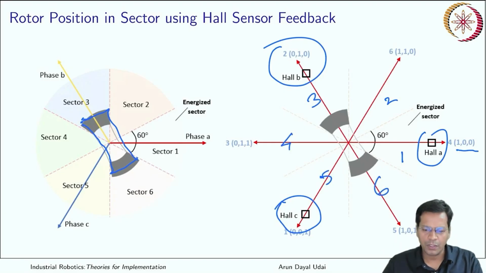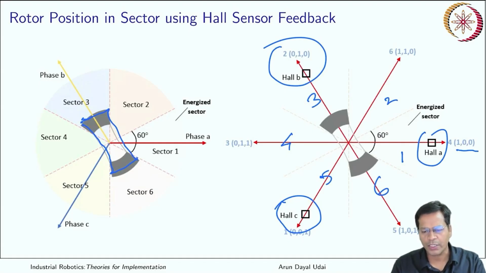Got it? So your 0 to 360 degrees is now divided into 6 sectors of 60 degrees each. Okay, and you have 3 sensors. The status of each of these is digitally assigned. If your rotor is there, it will tell yes, otherwise it will say no: high or low, true or false, 0 or 1, whatever. So there are 3 bits.